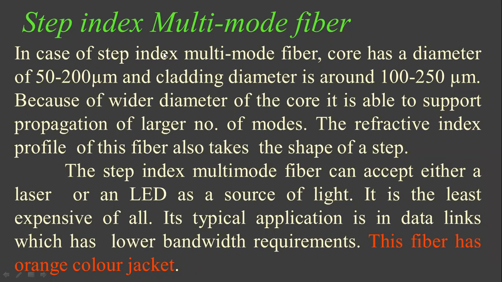Because of this wide diameter of the core, which ranges from 50 to 200 micrometer, this fiber supports the propagation of more number of waves or signals, and because of that reason this is called the multimode fiber.